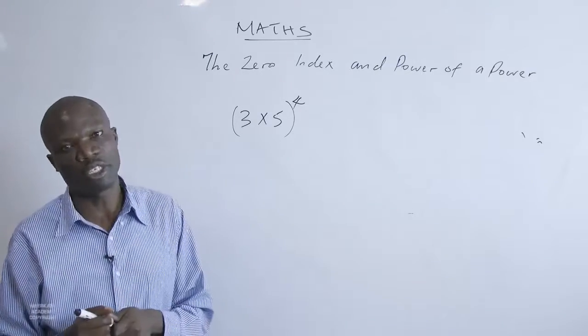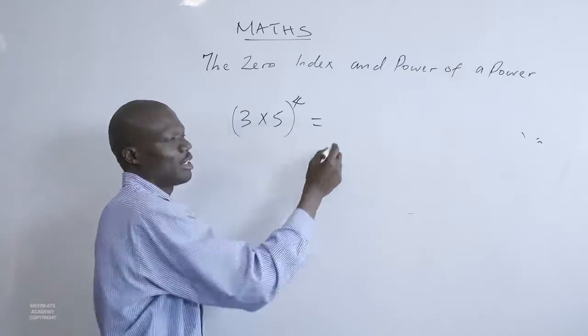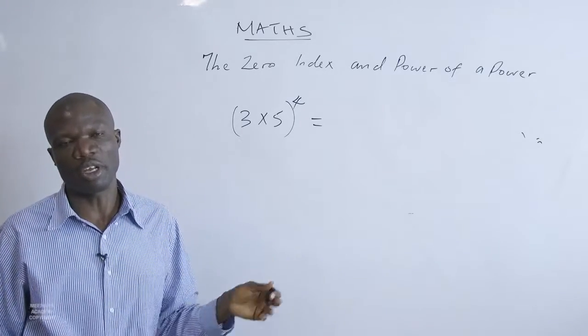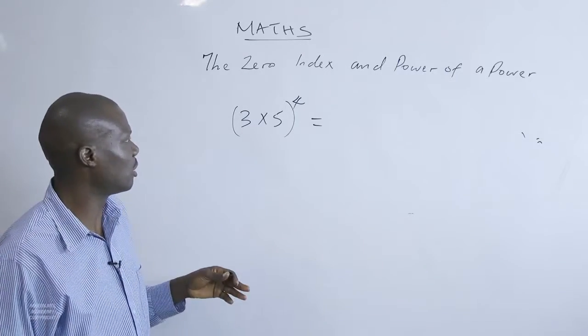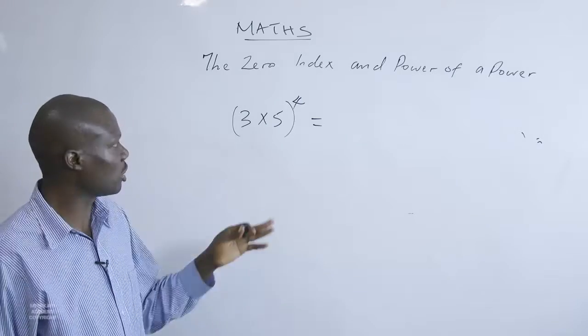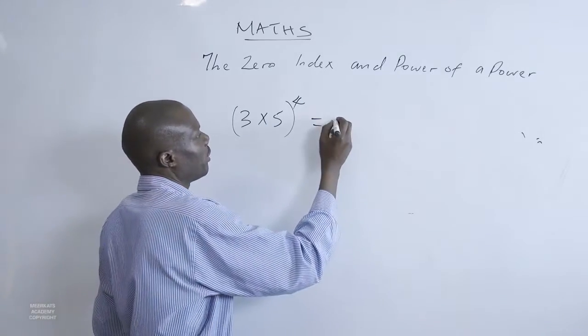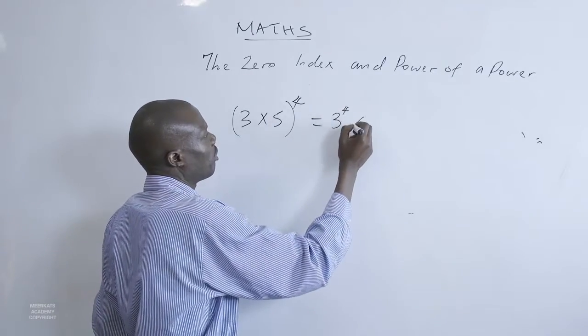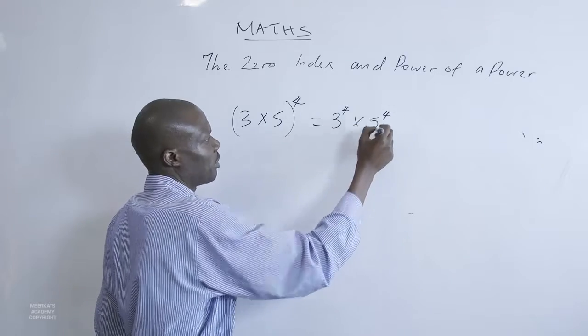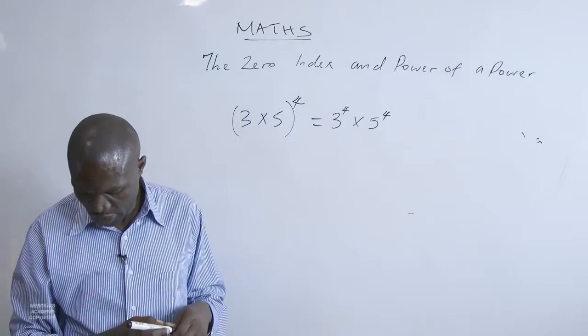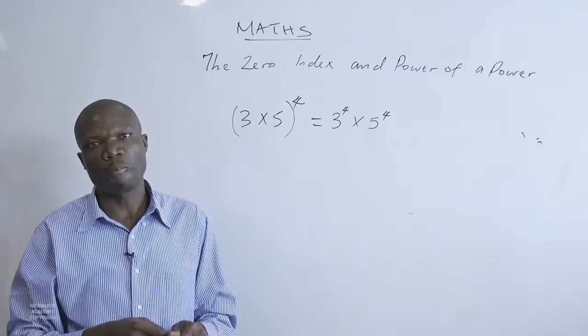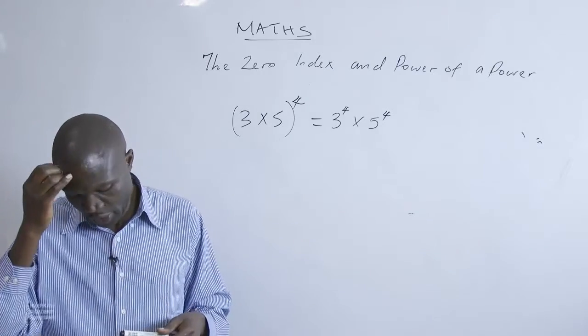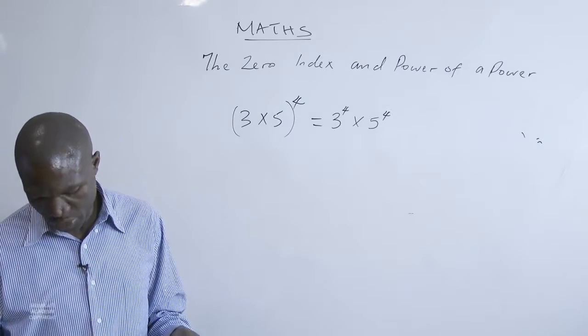This can also be expanded, just the way we did earlier while expanding algebraic expressions. It will be 3 raised to the power of 4 multiplied by 5 raised to the power of 4.